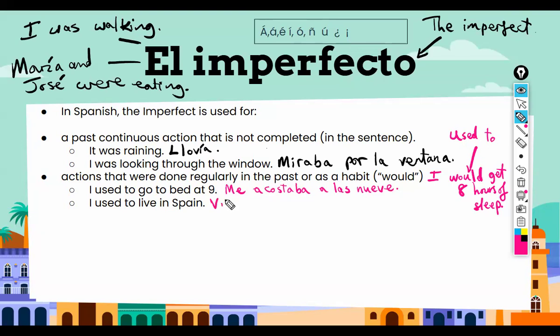I used to live in Spain. Vivía en España, right? So the imperfect tense here, vivía and acostaba, right? But acostar is reflexive, right? Just up here it was llovía and imperfect miraba, right?